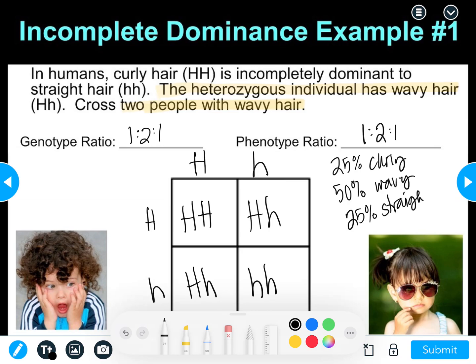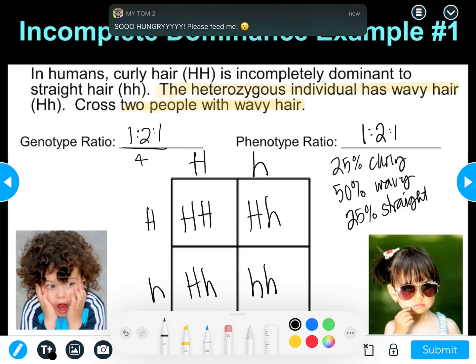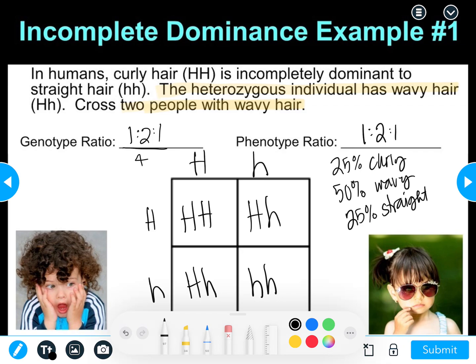And remember, when you're doing these ratios, it's like an understood fraction. So it's like these are over 4. So 1/4 is 25%, 2/4 is 50%. All right? So now we have 25% curly, 50% wavy, 25% straight.